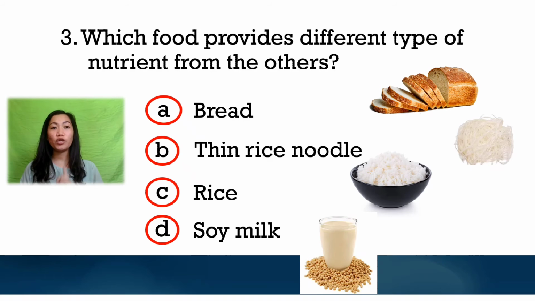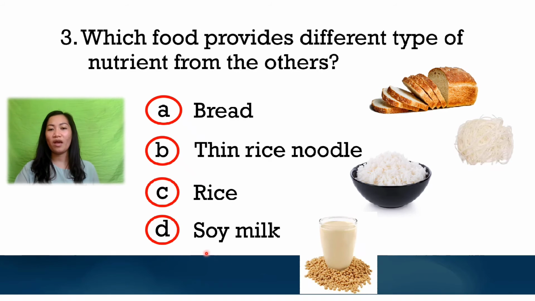Okay, for you to answer this question, let's remember what kind of nutrients we can get from bread. Bread is a carbohydrate. Thin rice noodle is also made from carbohydrate. We also have the rice, rich in carbohydrates.